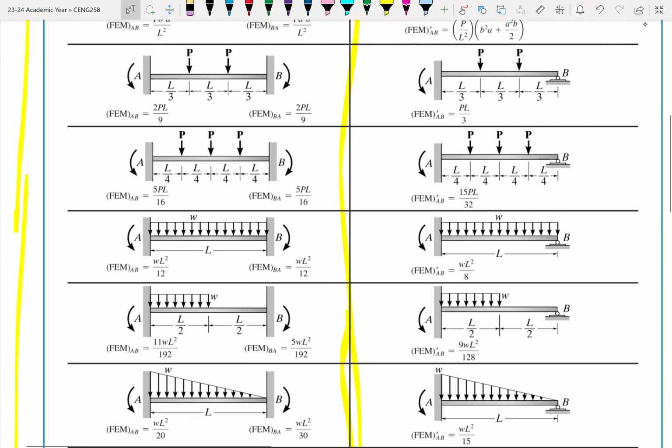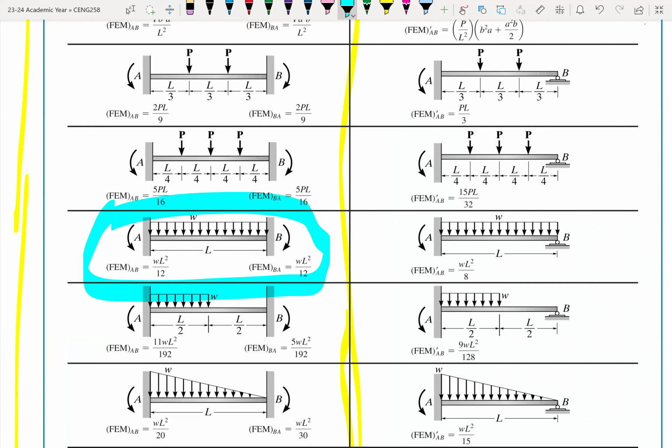With span AB, we have the UDL on the entire span AB, and these values, WL squared over 12 and WL squared over 12, are the fixed end moments.